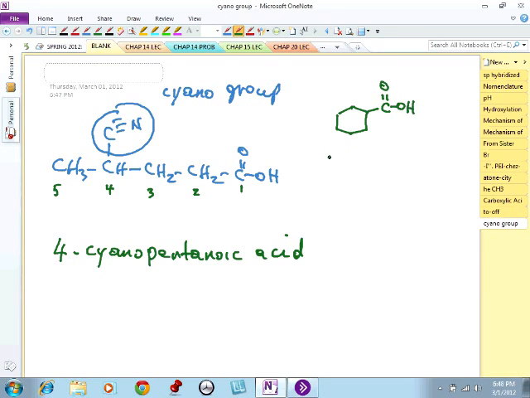In this case, you give the complete name of the ring system and then you add the words carboxylic acid. So here becomes what? Cyclohexane carboxylic acid, separate words.